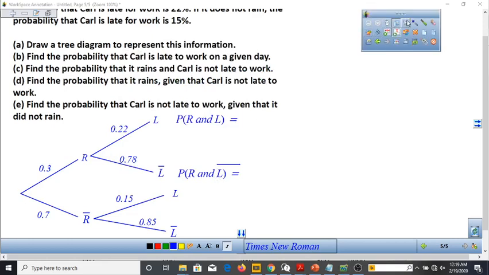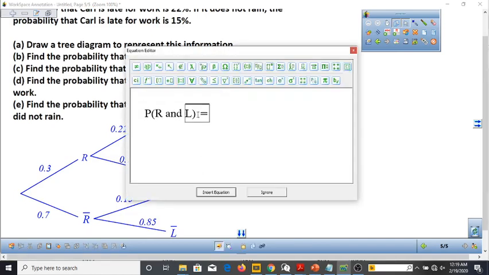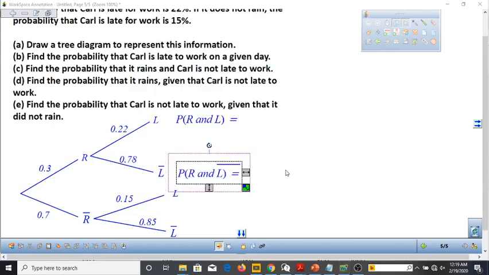We're going to do the same thing again, but this time, I need to make a little correction to my notation here. Made a little error. All right, so now we have it.